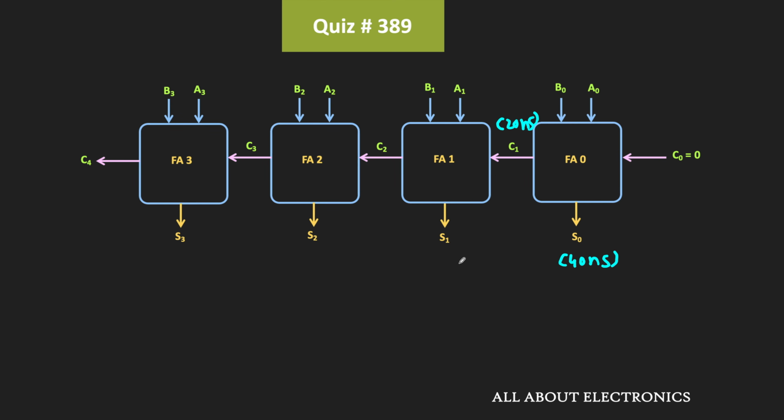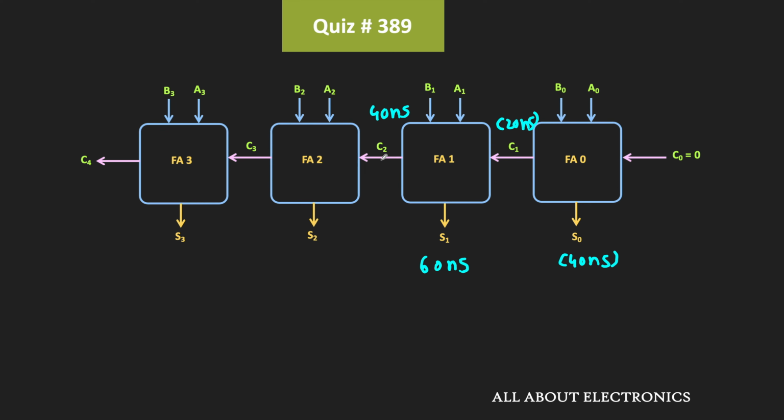That means this S1 will be available after 20 plus 40 nanoseconds, that is equal to 60 nanoseconds, while this C2 will be generated after 20 nanoseconds. That means as soon as this C1 is available, this C2 will be available after 20 more nanoseconds. Or in other words, it will be available at 40 nanoseconds.